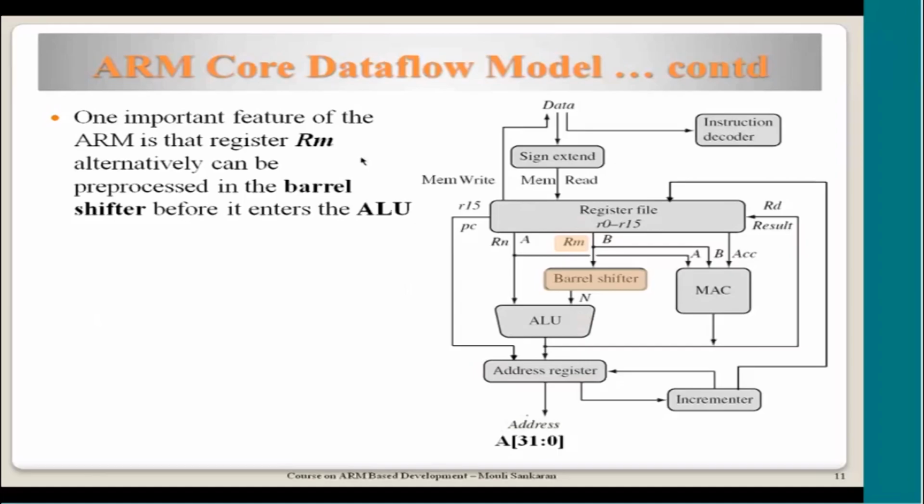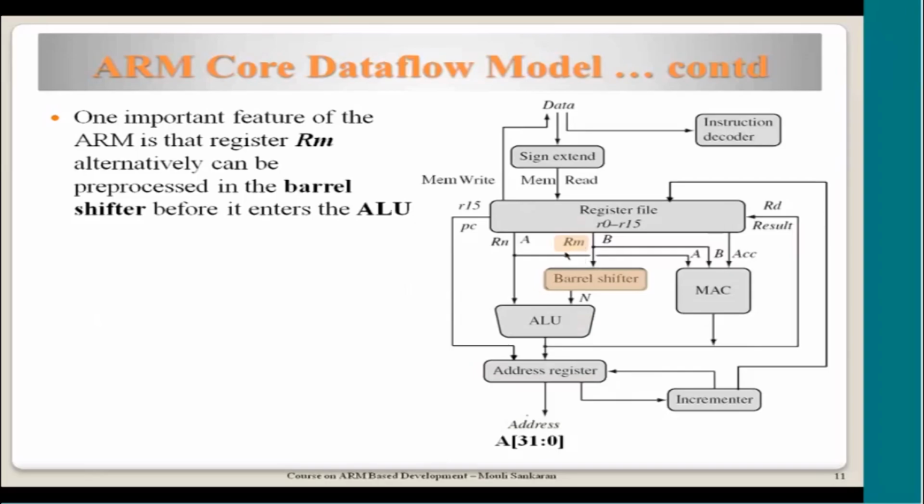Now another important feature is the barrel shifter. I told you that during the data processing instruction there are 2 operands read from the register file. Now the second operand, within the ARM, is called RM. So this is a convention followed.